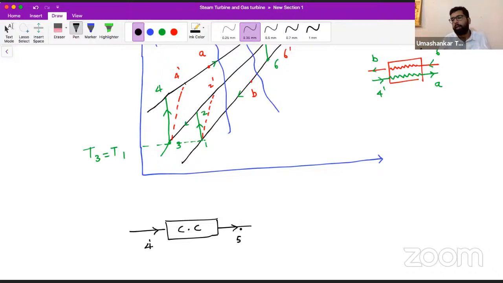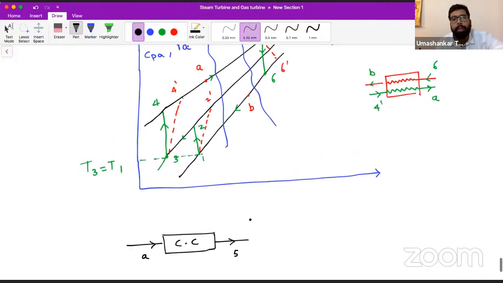Is that right or not? Getting my point or not? Sorry, not at 4 dash, but at A, because the regenerator is also there. So entry to the combustion chamber is at A, and exit is at 5.